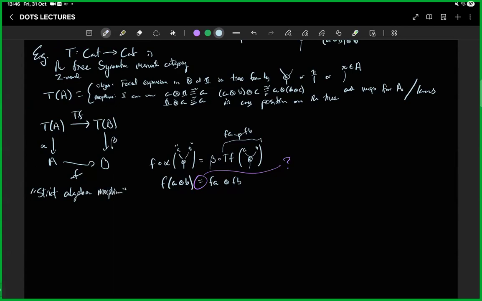You can see that what it means, over on the right, is that f of a tensor b is equal to f of a tensor f of b.